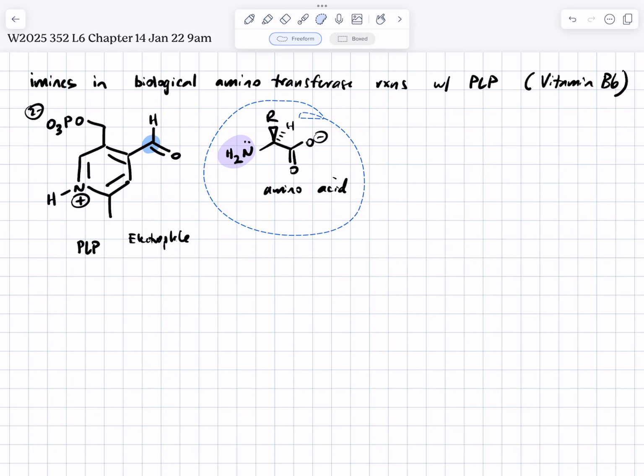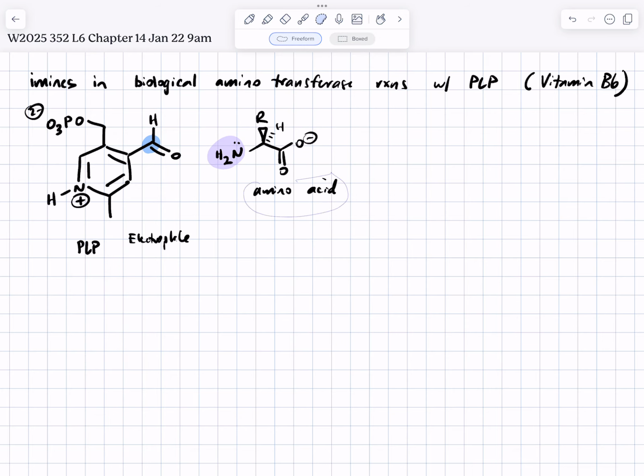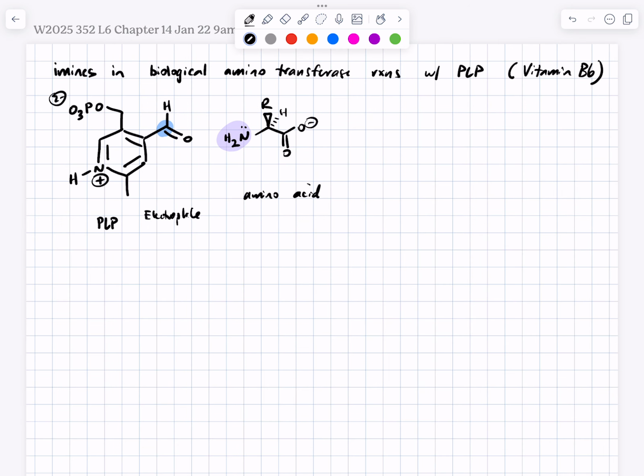Now, already you might be nervous about what we're going to do because we're simply going to do imine formation, but you can forget about a lot of the details because you already know how to deal with an amine that's a nucleophile that you could draw like this, and you already know how to deal with an aldehyde that's an electrophile that you could draw like this.